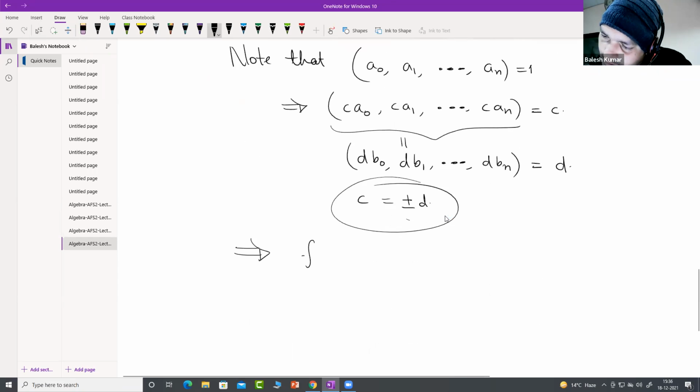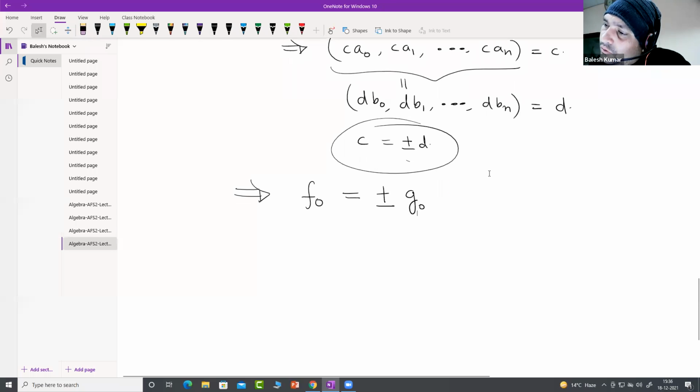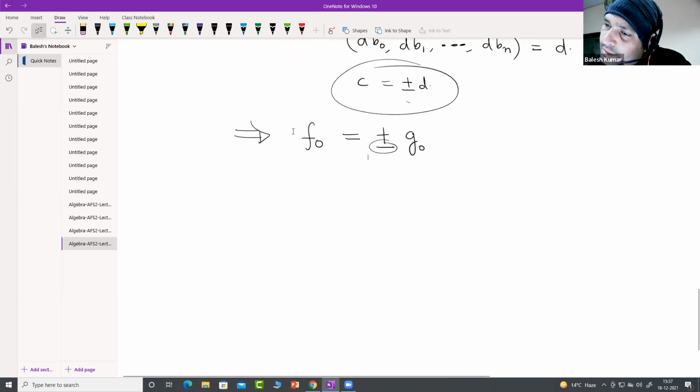So this implies that the polynomial f0 will be, up to units, the same as z0. Now what we need is to eliminate the ambiguity coming from the units. Can any one of you say how to eliminate this ambiguity? What we would like to say is that f0 is precisely equal to plus g0.